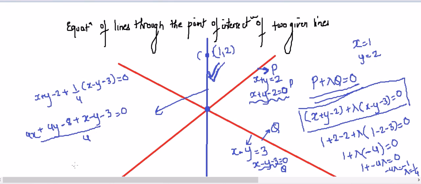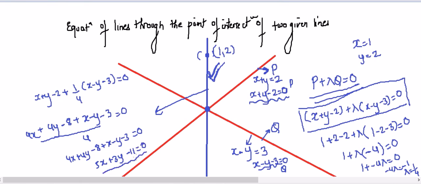And on cross multiplying, I'll get 4x plus 4y minus 8 plus x minus y minus 3 equals 0. It will give you 5x plus 3y minus 11 equals 0.